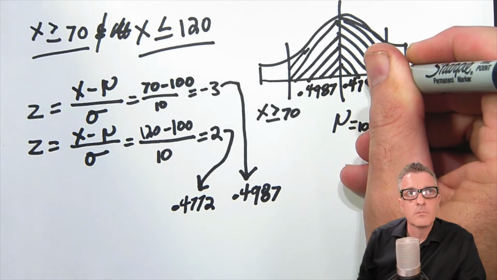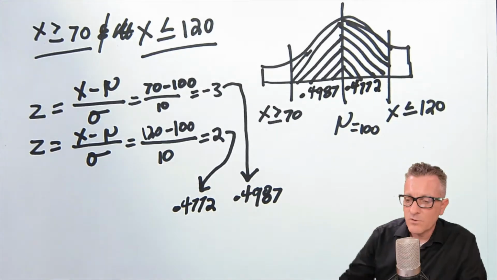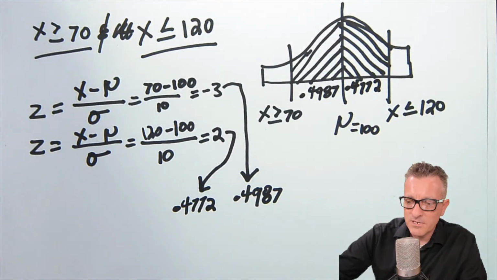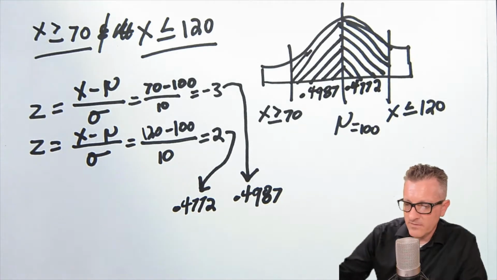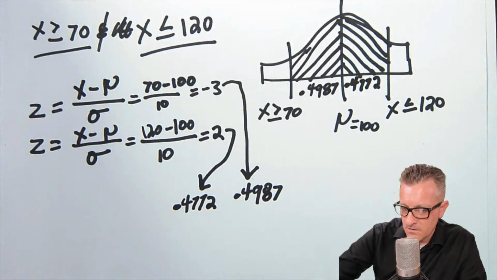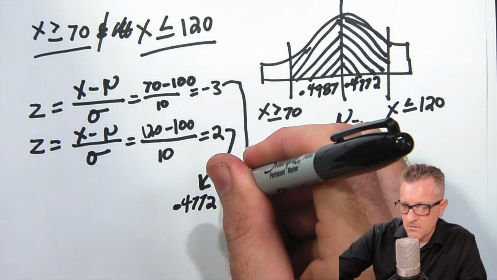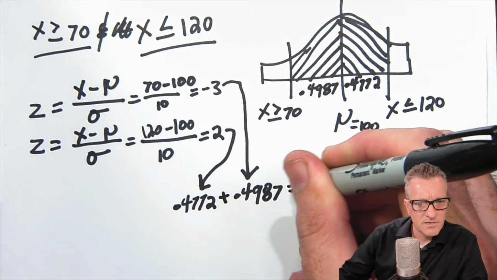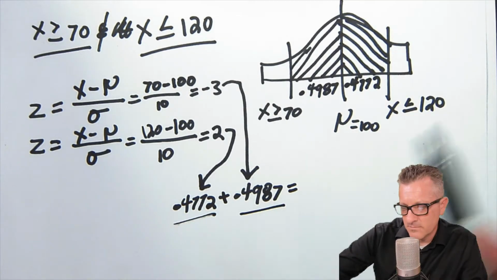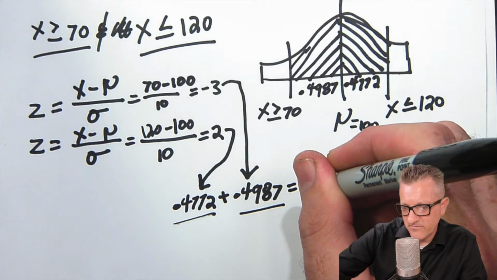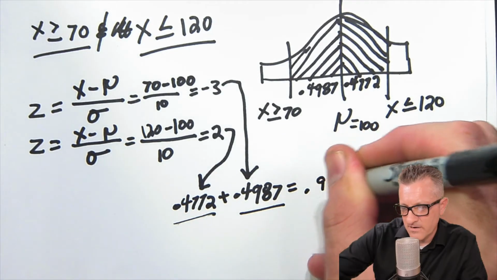So the obvious way we solve this is we add these two up, and that's our answer. This plus that equals 0.9759.